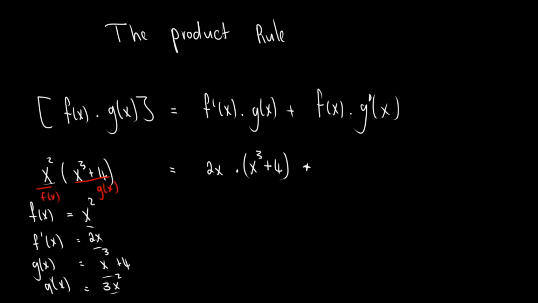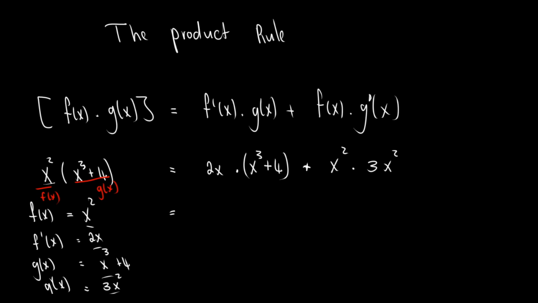Okay. So my f prime of x is done. G of x is also done. So let's go find the f of x. Well, the f of x is x squared. And we can multiply with the g prime of x, which is going to be 3x squared. So now, let's simplify.